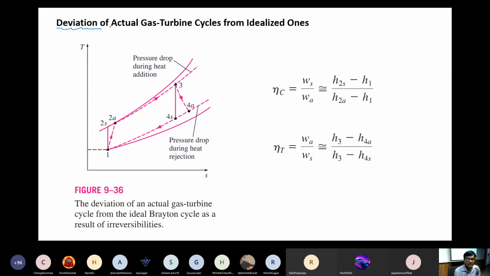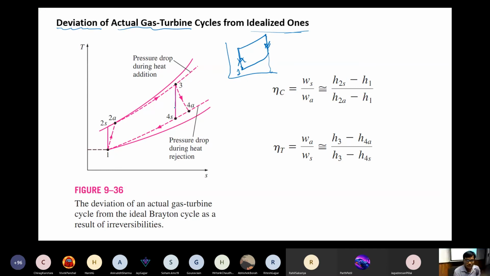in reality, there is a deviation of actual gas turbine cycles from the ideal one. So how? In the T-S cycle, it has been assumed that it goes from 1 to 2 and 2 to 3 and comes back again, and it goes something like this, isentropically. But things don't follow that way.